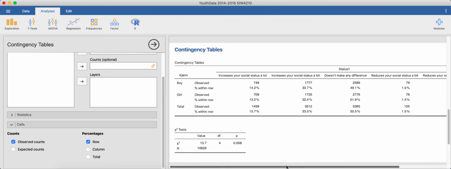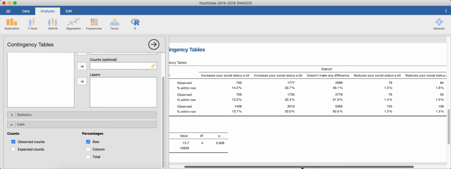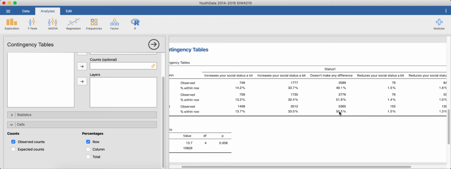So from looking at this, it does look like the main difference between boys and girls is that girls think that it doesn't make such a great difference, whereas boys are more at both ends of the scale, in the sense that they say that it increases your status a lot, or that it reduces your social status a lot, compared to girls.